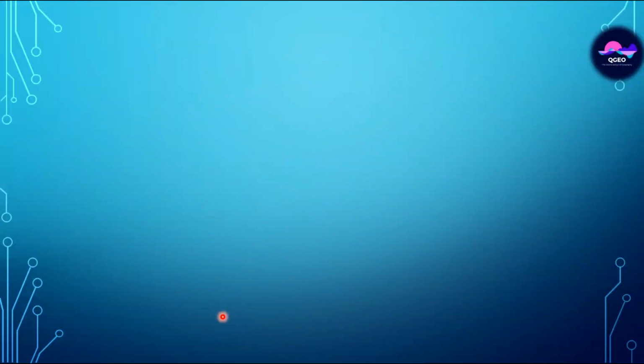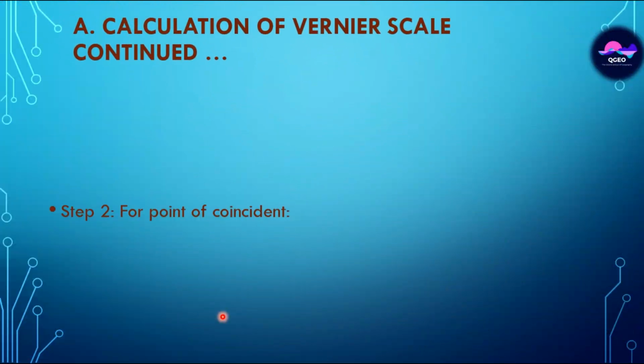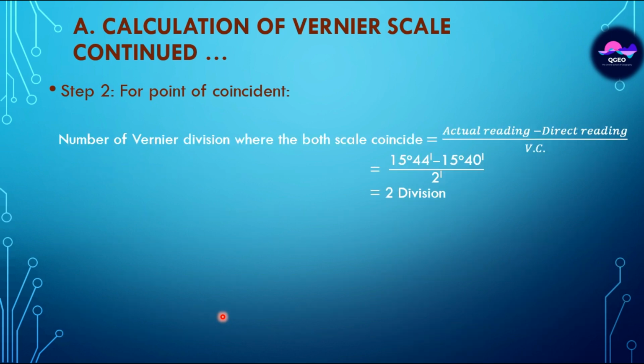Now, step 2, point of coincidence, the number of vernier divisions where both scales coincide: actual reading minus direct reading divided by VC. Here 15 degree 44 minute minus 15 degree 40 minute divided by 2 minute, that is the vernier constant, is equal to 2 divisions. Okay.